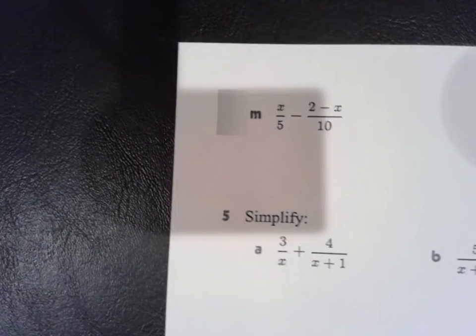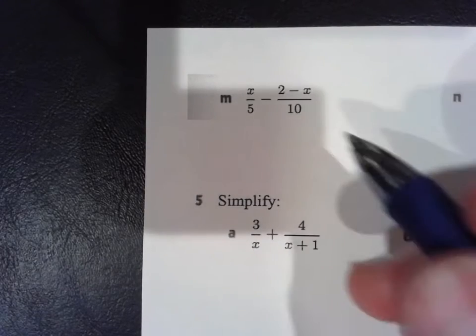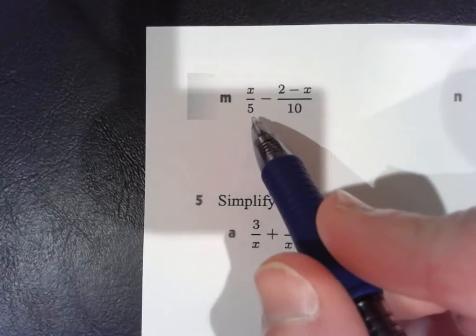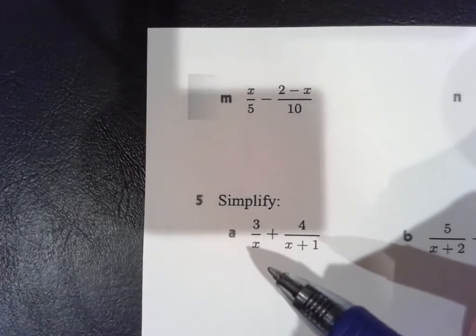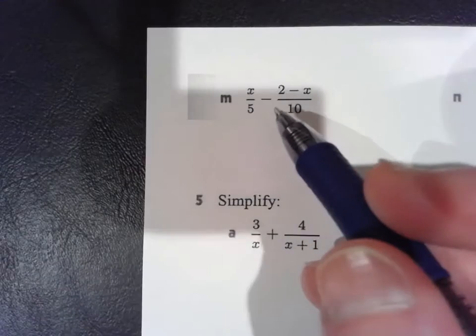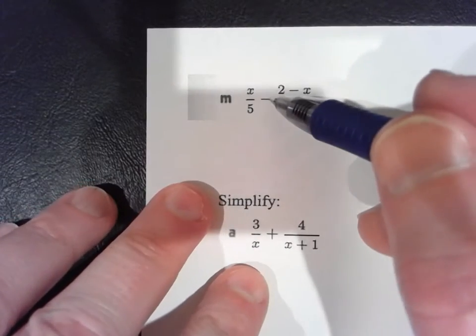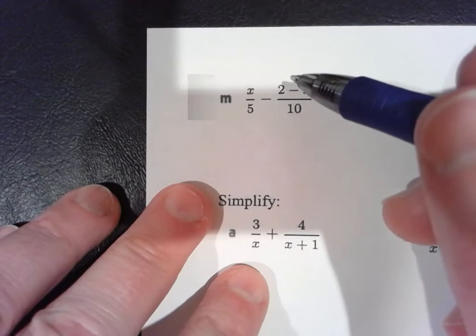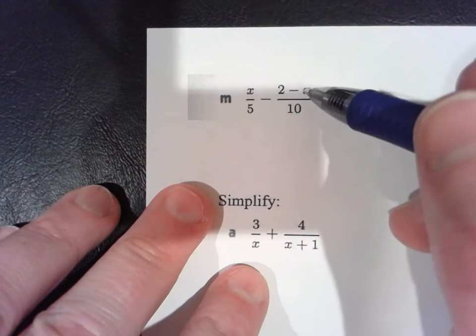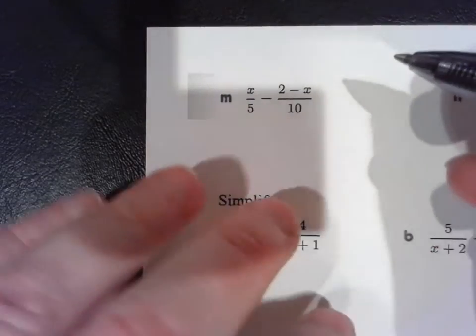So, first one, the letter M from 4, the very first one on the back side. There's kind of two approaches here. One is we could take this subtraction sign and distribute it through the parentheses right at the beginning to turn it into an addition problem.